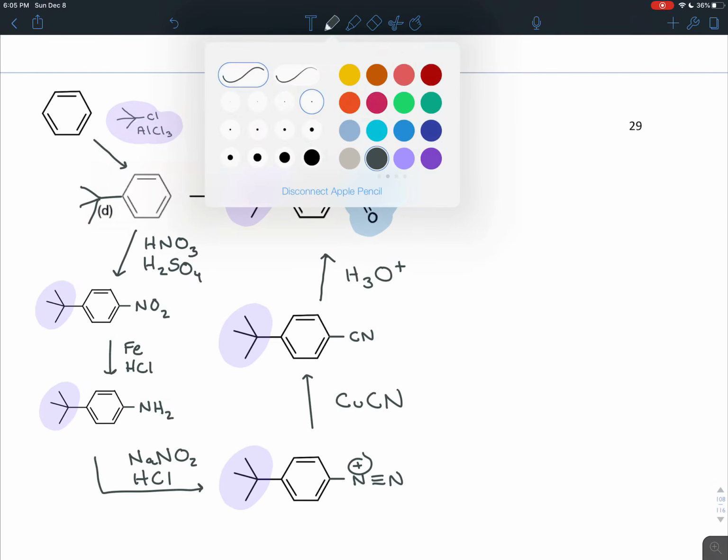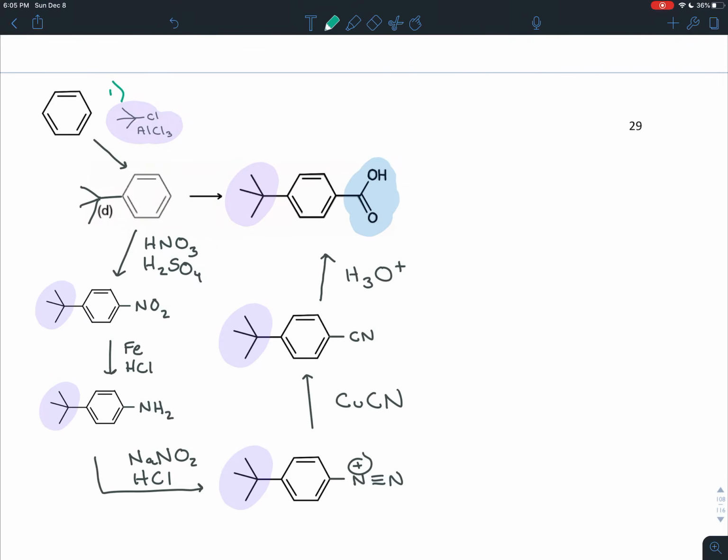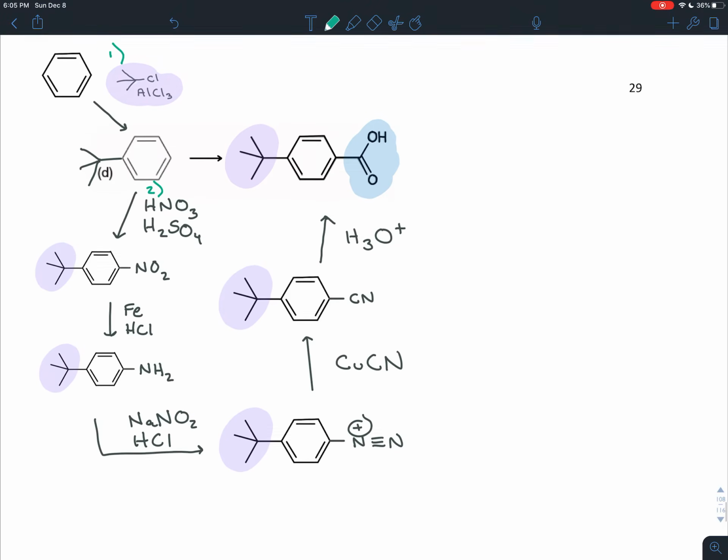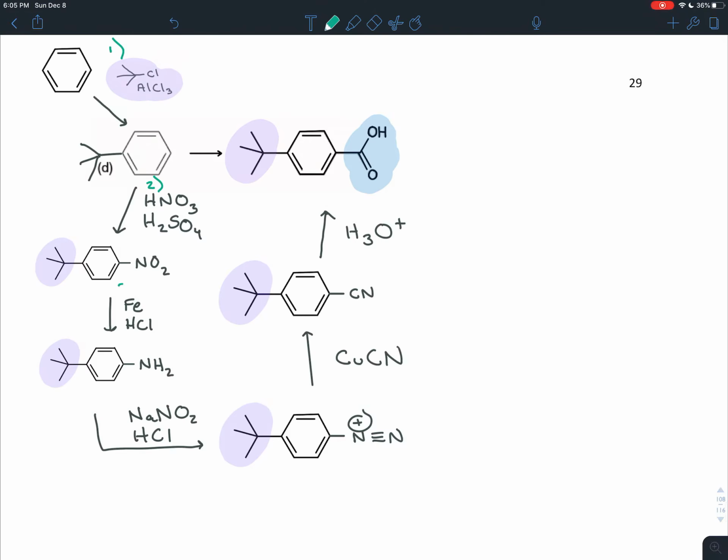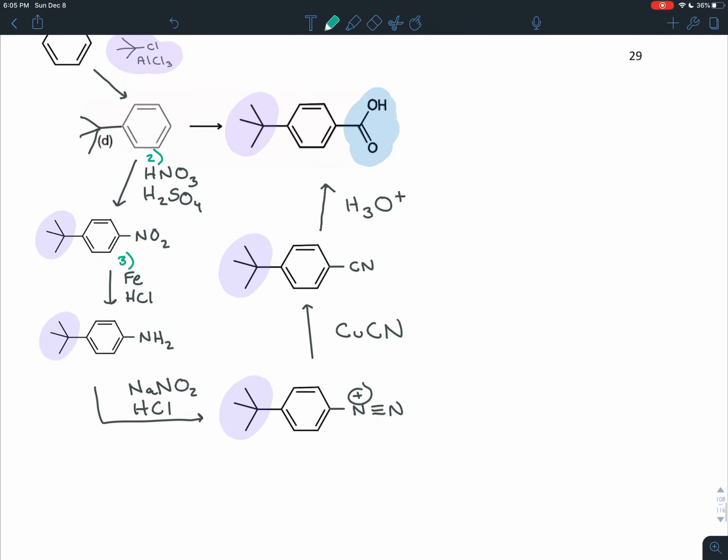So overall, there are several steps for this synthesis. The first step is a Friedel-Crafts alkylation. It puts the tert-butyl group on. That's an ortho-para-director, and so we can put a nitro group on the para position by doing nitration, HNO3 and H2SO4. Then we reduce the nitro group to a primary amine. Then we turn the primary amine into a diazonium ion.